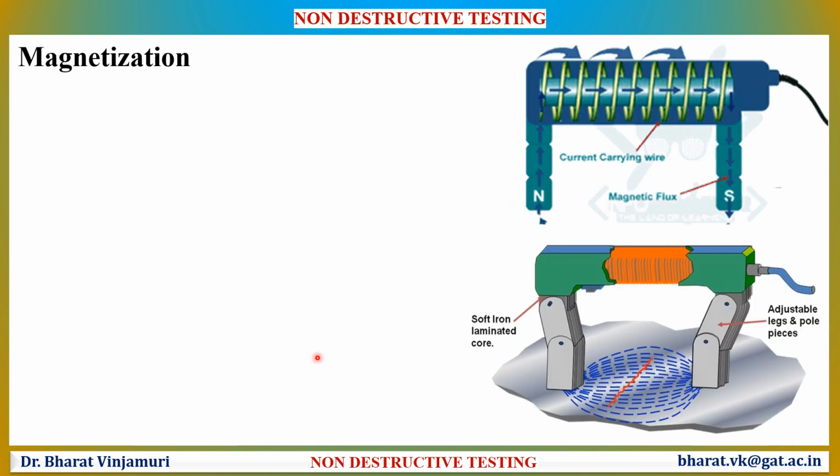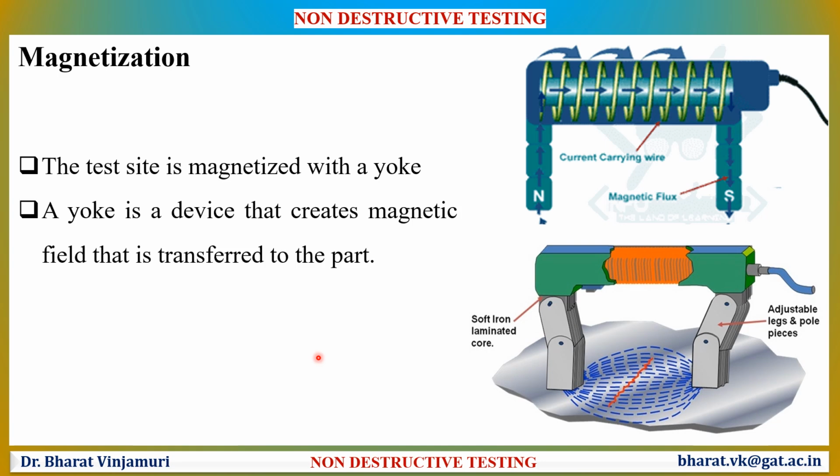The next step in the process is to magnetize the component to be inspected. The test site is to be magnetized with a device called a yoke. A yoke is a device that creates a magnetic field that is transferred to the part. It consists of an electrical coil which converts the electrical current into a magnetic field.